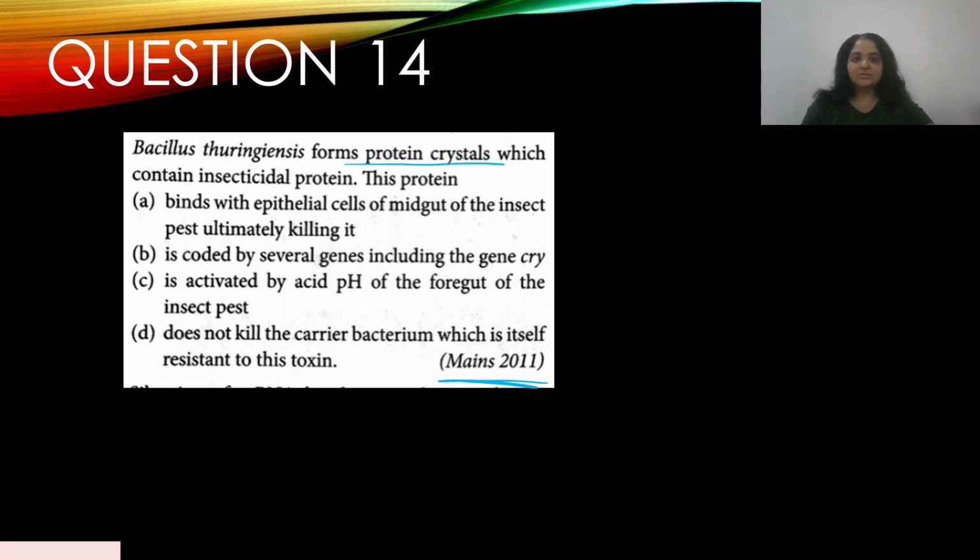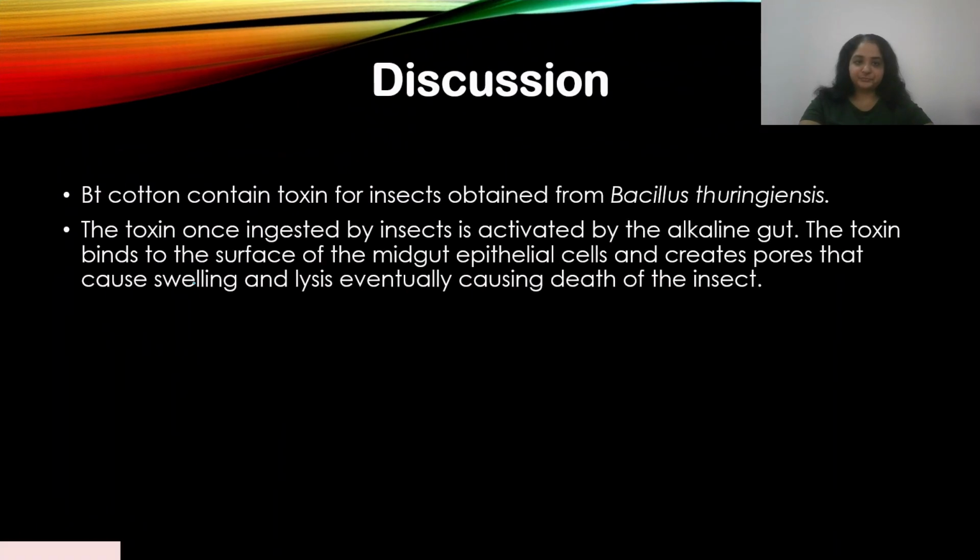What does this protein do? It binds with the epithelial cells of the midgut of the insect pest, ultimately killing it. Answer is A. Again, I've already discussed this, so I'm not going to go into detail.